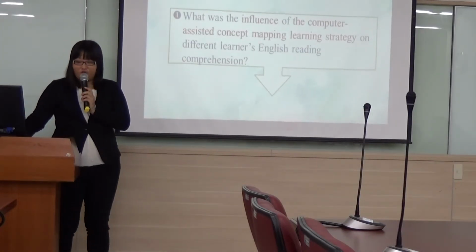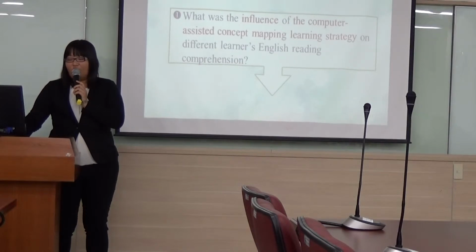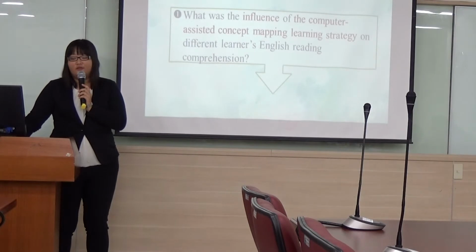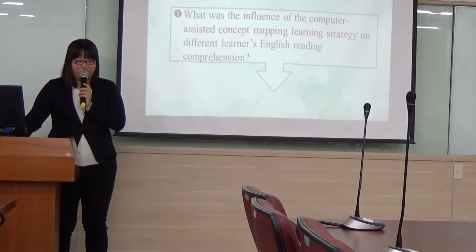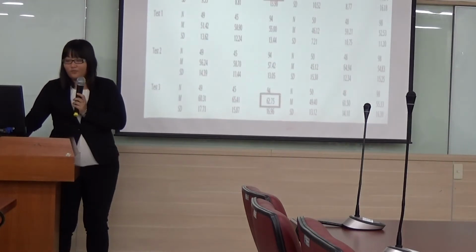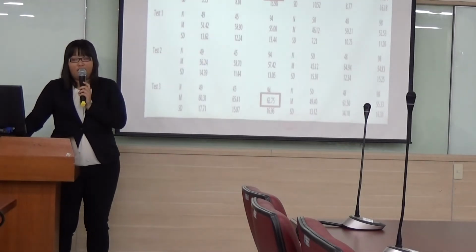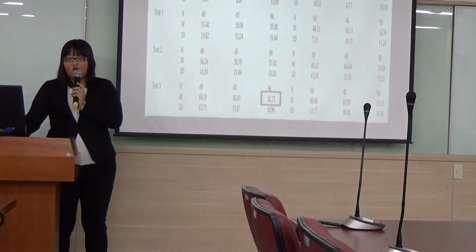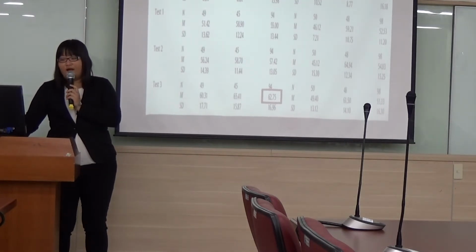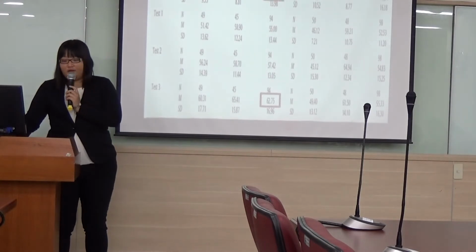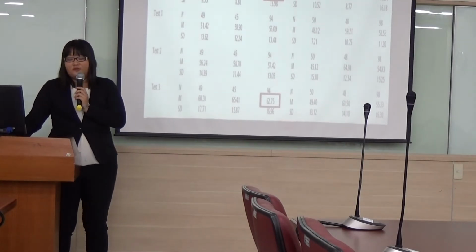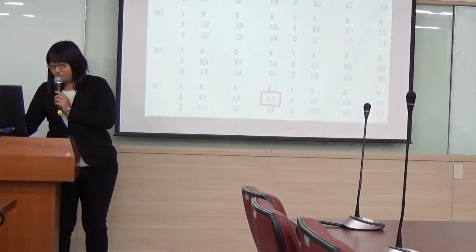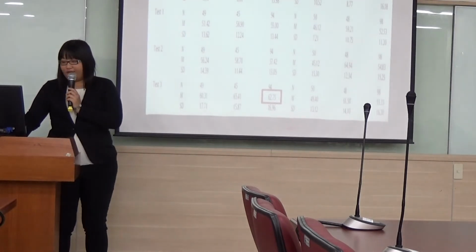Result, research question 1. What was the influence of the computer-assisted concept mapping learning strategy on different learners' English reading comprehension? In the experimental group, the mean score of the pretest is 54.72, and the mean score of test 3 is 69.75.